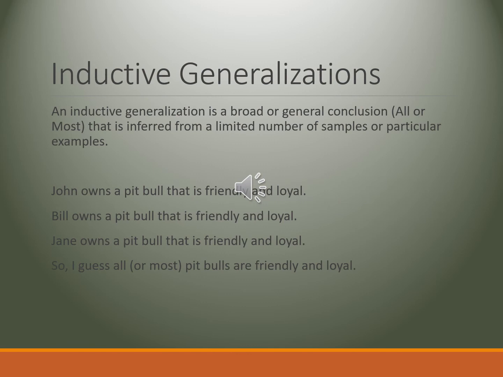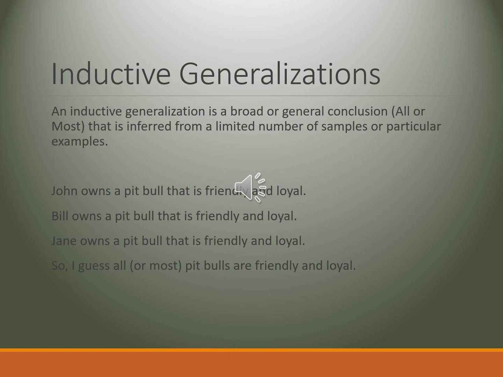An inductive generalization, or just a generalization, is where we draw a general conclusion based on specific individual experiences. Now, we're going to learn down the road that you have to be careful about this, but if you have a large number of experiences and they are normal kinds of cases, then generalization can be a perfectly fine, reliable form of inductive reasoning.